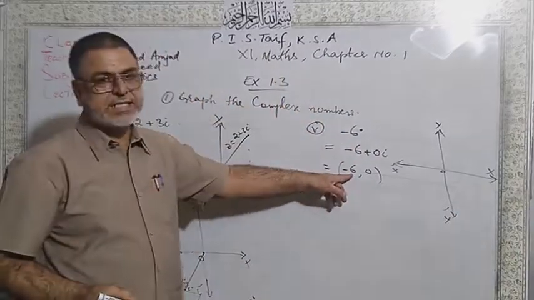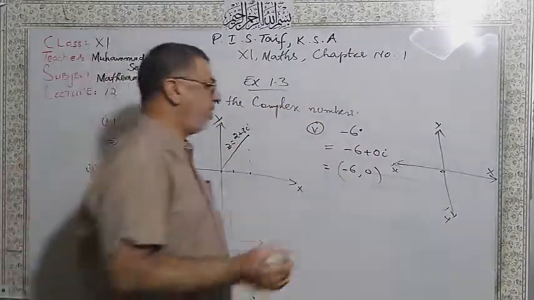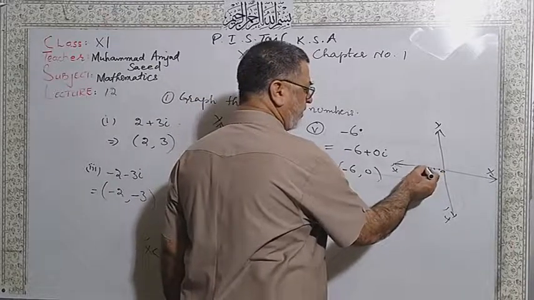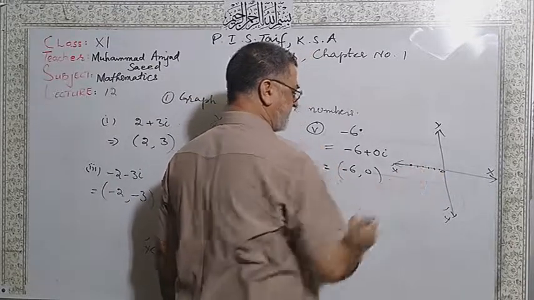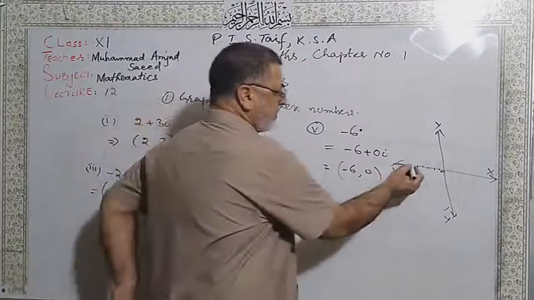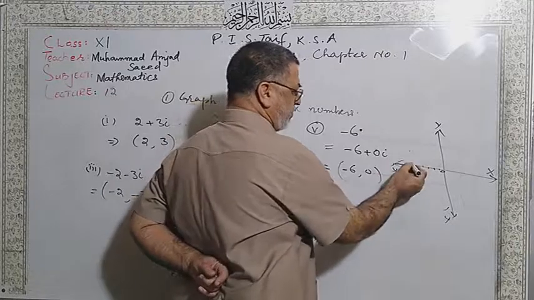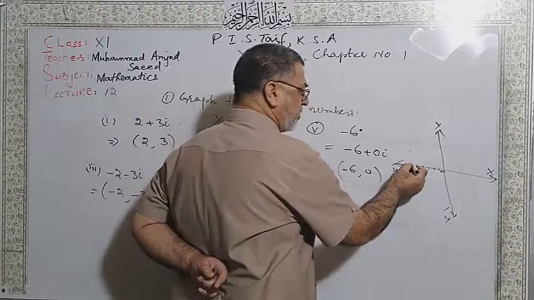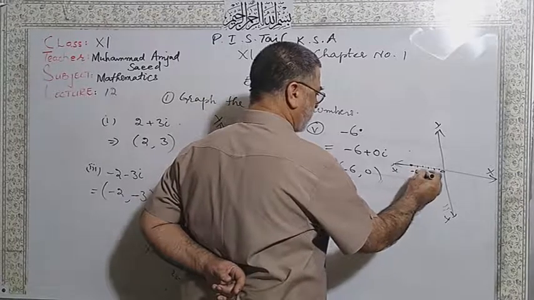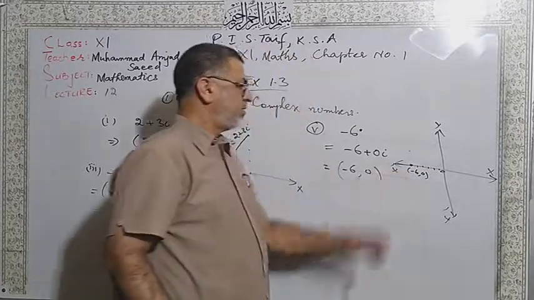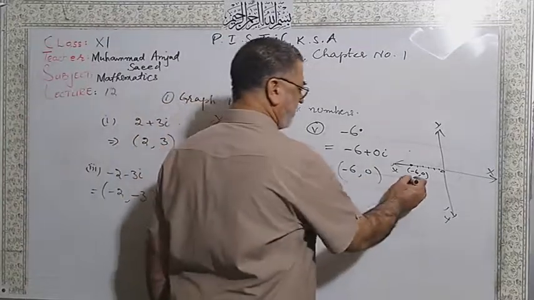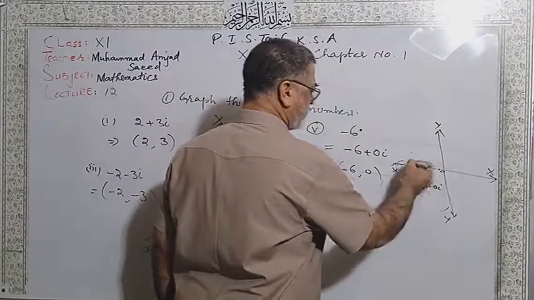Remember that minus 6 is the value of x. Moving from the origin to the left-hand side, 1, 2, 3, 4, 5, and 6. This is minus 6. And y is 0. Remember that when you move above, y is positive, when you move down, y is negative, and y is equal to 0 on the x-axis. So here will be minus 6 and 0. Minus 6 plus 0 iota is the complex number.